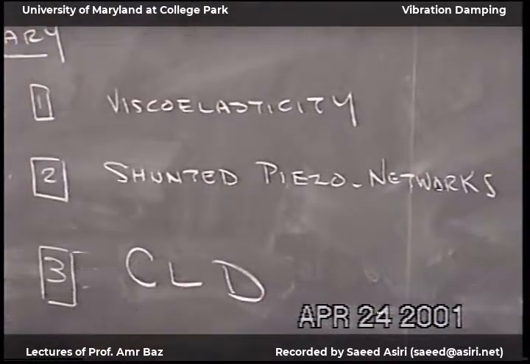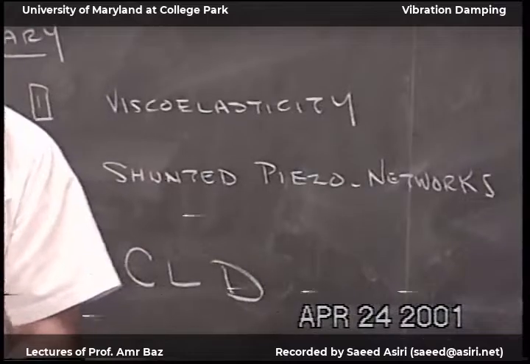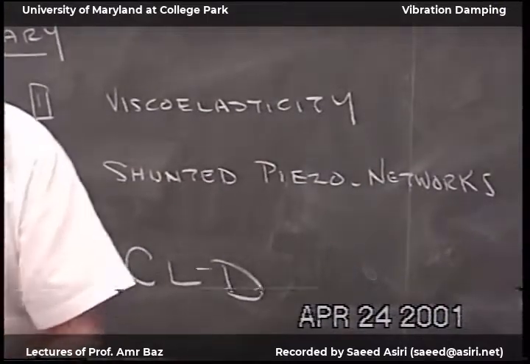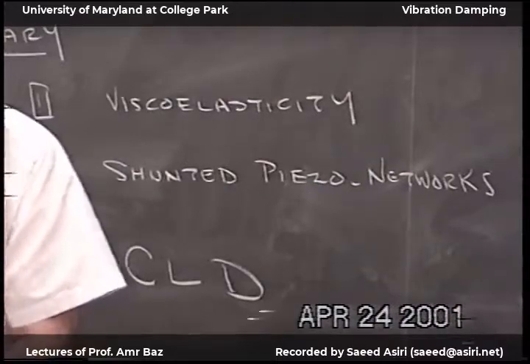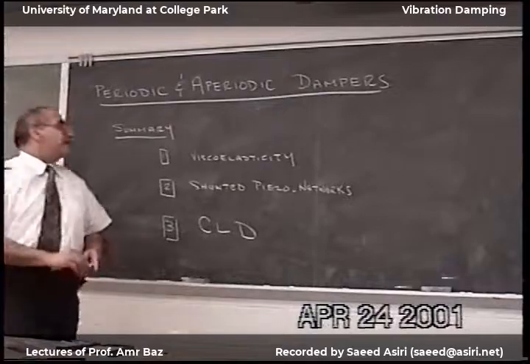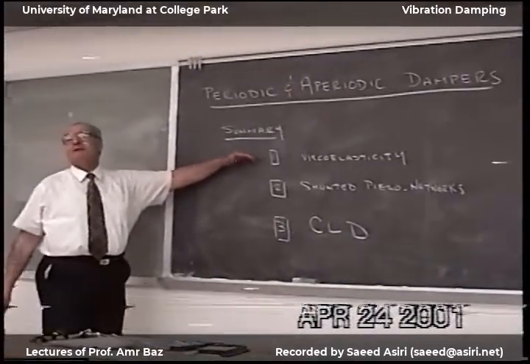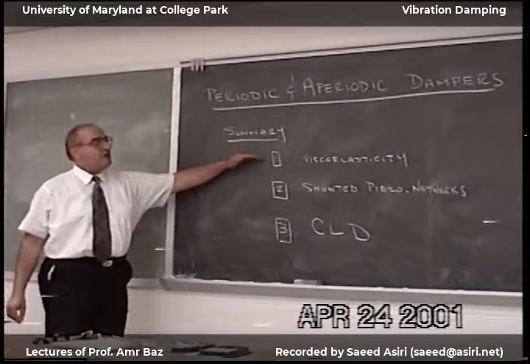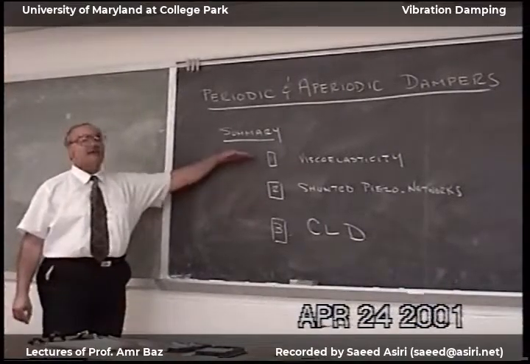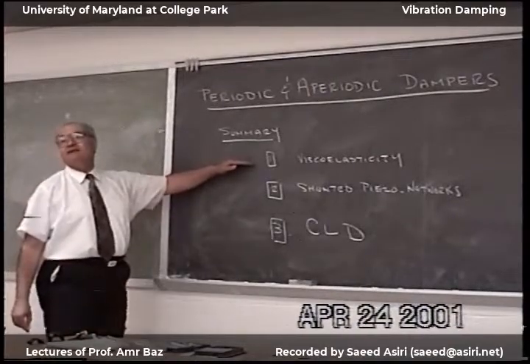And in all these three topics, we either have a physical material that can damp the vibration, or we can have an electroactive material that can simulate this class of material.